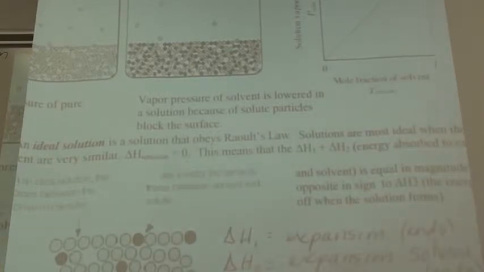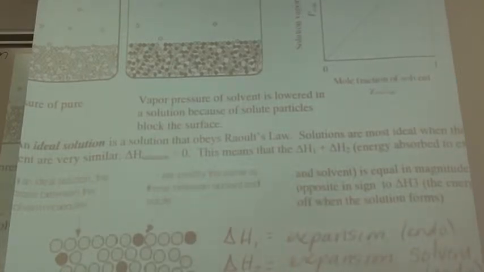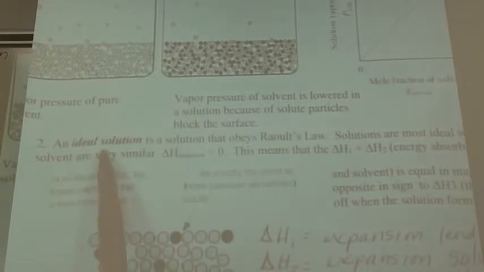And then we had delta H3, which is the heat that's either given off or taken in when the solution is formed. An ideal solution is one that obeys Raoult's law. This is Raoult's law.